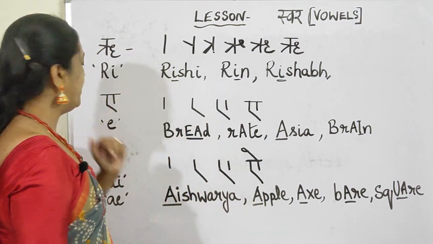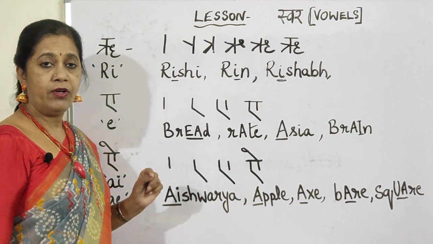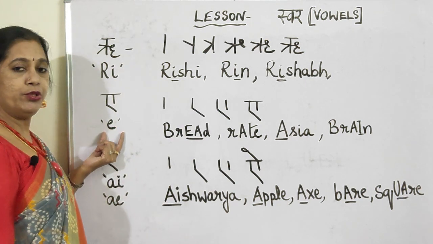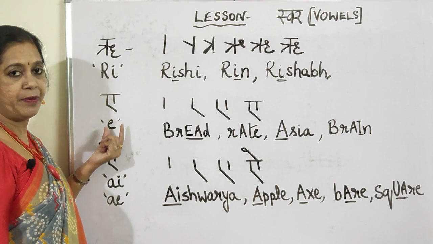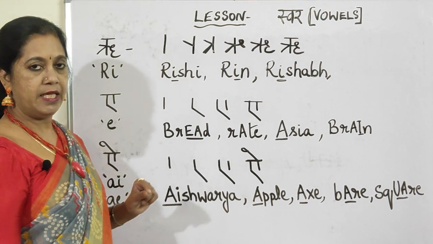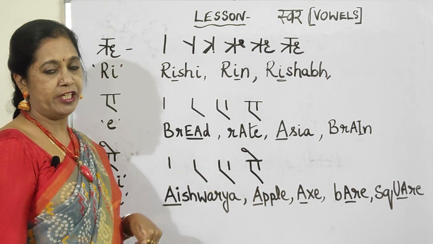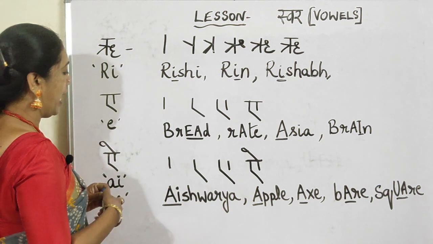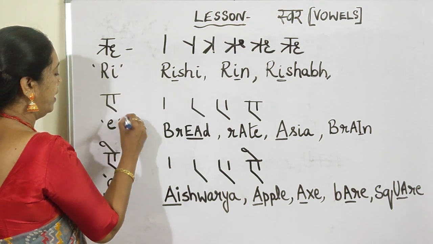Okay? Now let me go to the next letter. This is A. Now I've given you the letter in English. Actually this is the one which represents this sound, but in my first video, which I would definitely put in the description box so you can watch it, I would have given it as a capital A. Why?